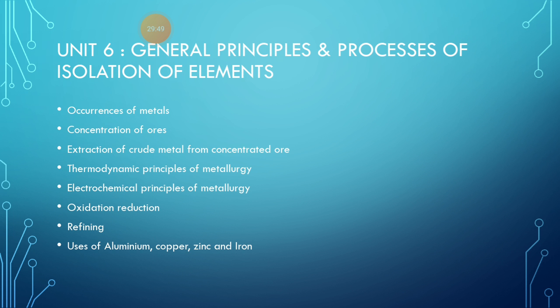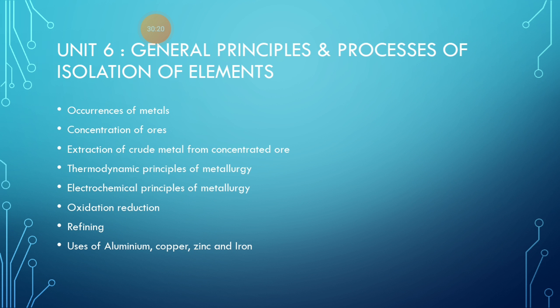The ores which have a maximum percentage of metal are used for extraction. So we are going to learn how the ores are concentrated, how the unrequired part is removed from the ores, whatever material comes from the mining, how they are concentrated to get a metal. That we are going to learn in the second point, called concentration of ore.